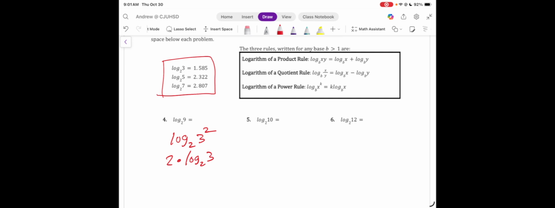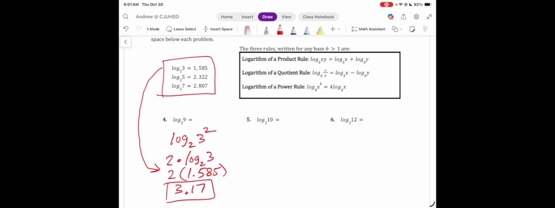But up here, we know that log base 2 of 3 is 1.585. And so if we multiply that out, we're going to get, let's see, it's about 3.17.